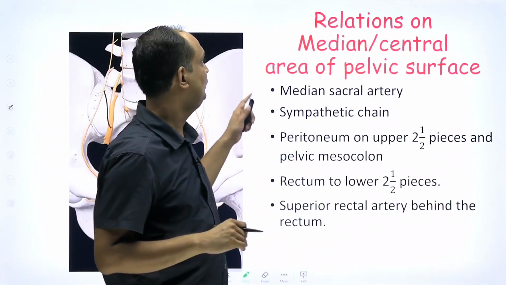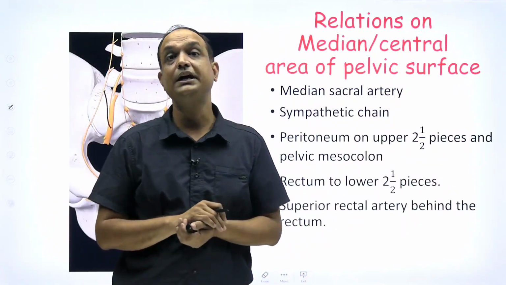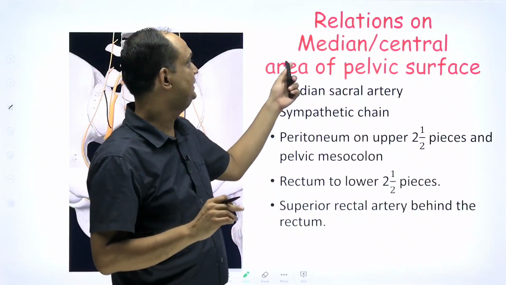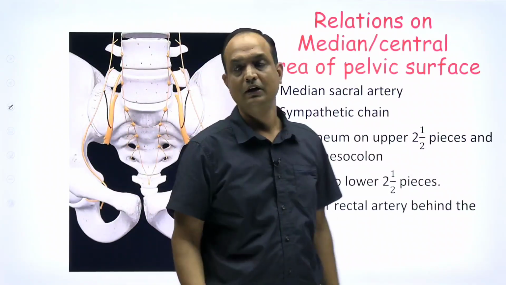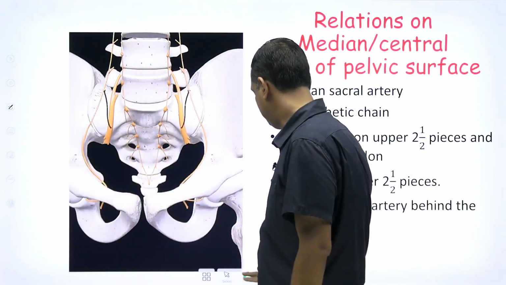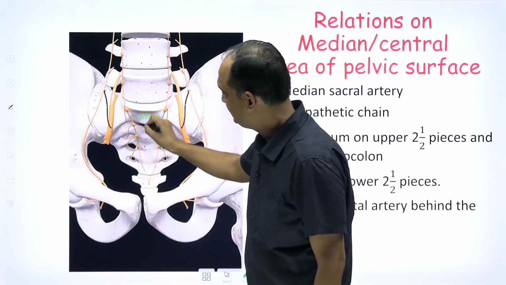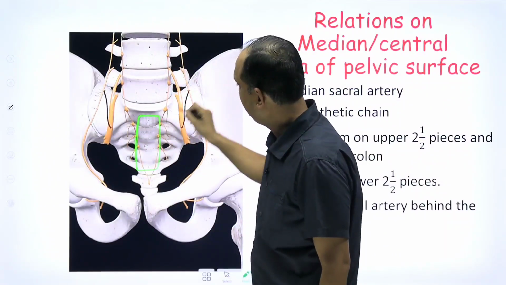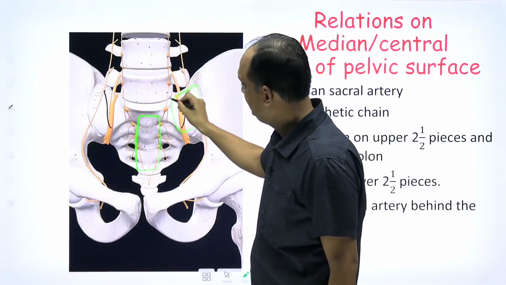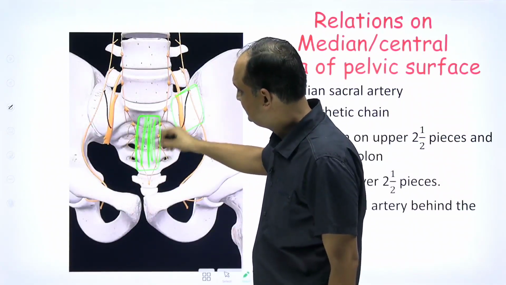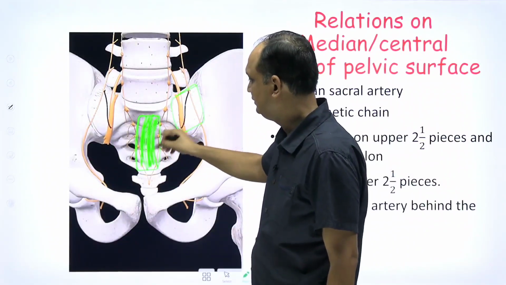Now what are the relations on the central or median part of the pelvic surface? What does it mean? Now the question comes about this surface. You have seen the relations on the ala, and now you are talking about this central part of your sacrum.